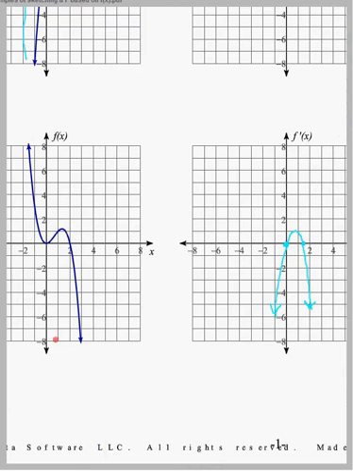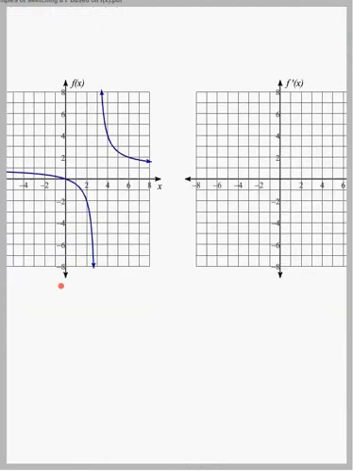Okay, so let's look at another one. Okay, so this one, now there isn't anywhere where it's changing slope. Because we're looking at what the slope is doing, here the slope is consistently decreasing, right? So it's decreasing all the way to here, and this one is also decreasing. So you could say the whole thing has a decreasing slope.